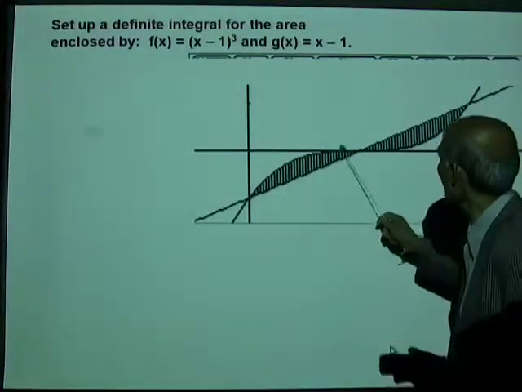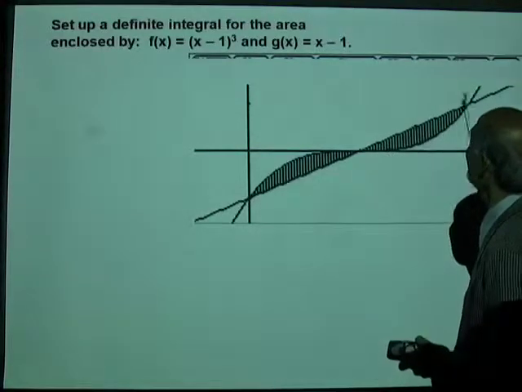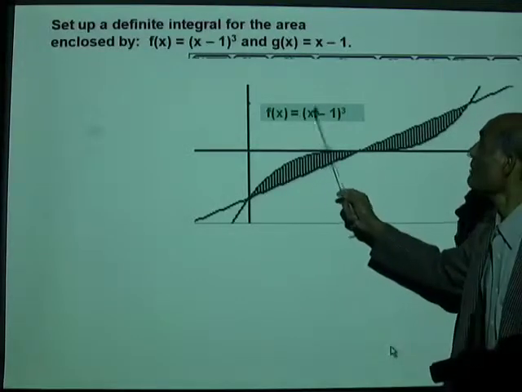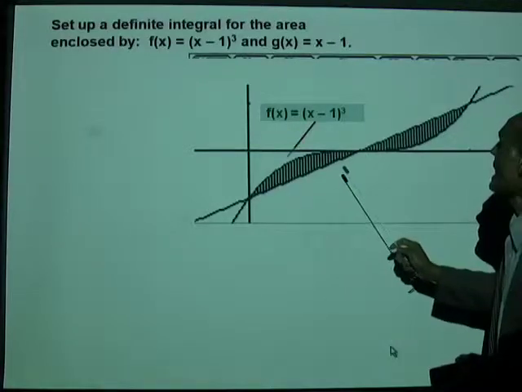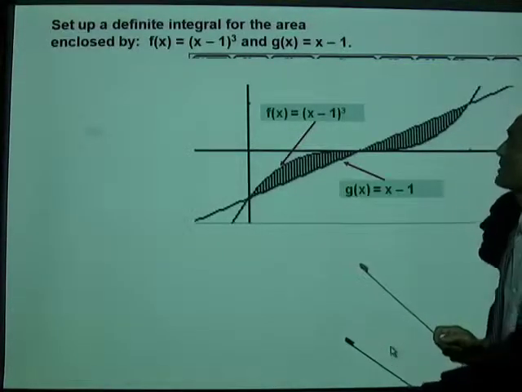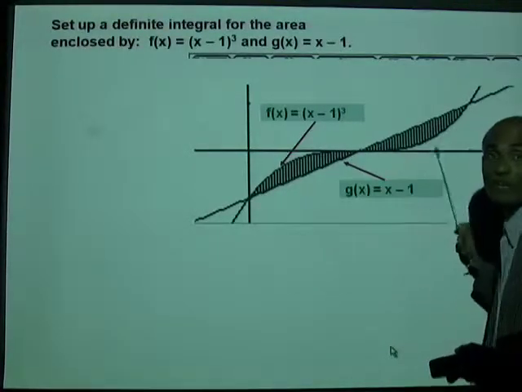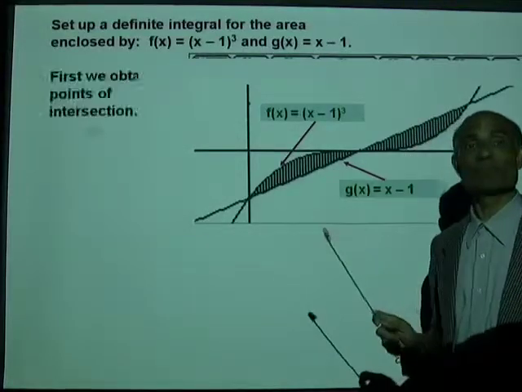So x minus 1 to the power of 3, and this is the graph of g of x equal to x minus 1. So the area enclosed by these two graphs is shaded.